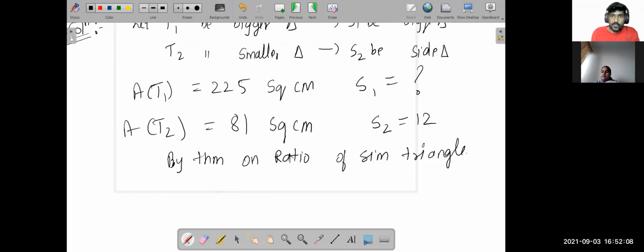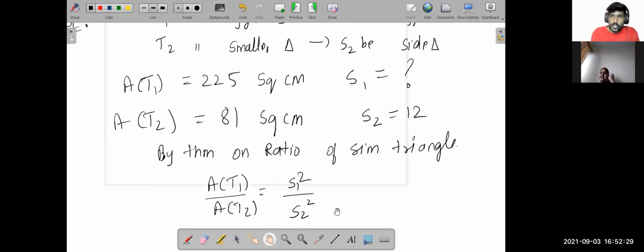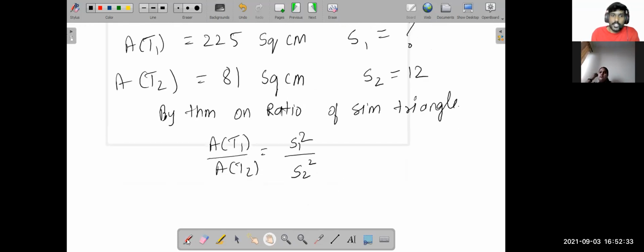Then it will be area of T1 upon area of T2 equal to the side square. Sides are given. So S1 square upon S2 square. Got it? Yes. Now substitute the values.